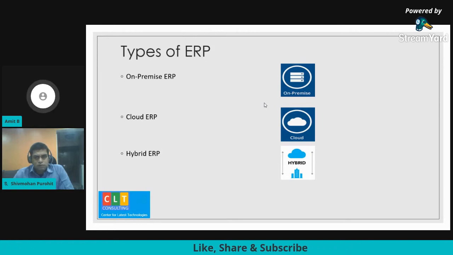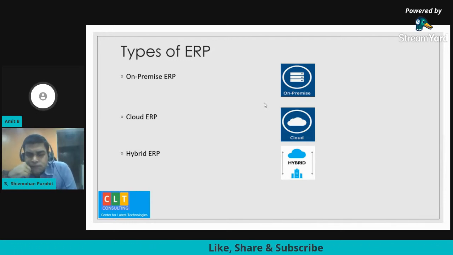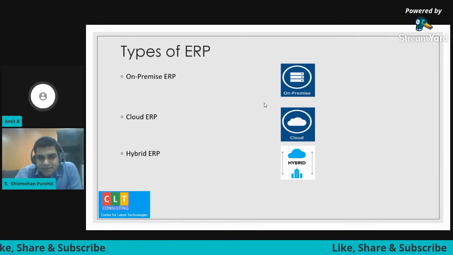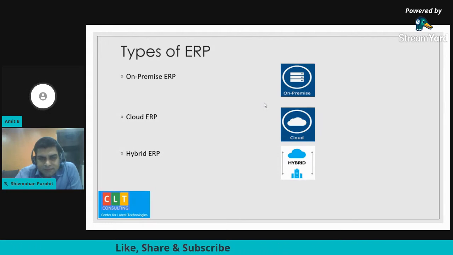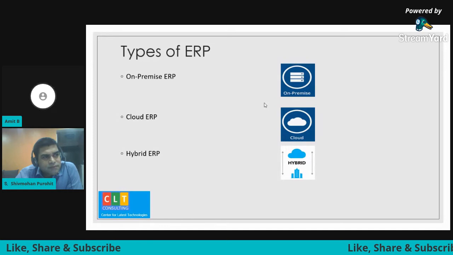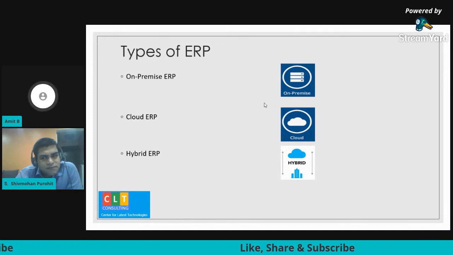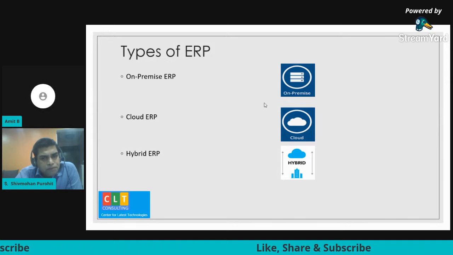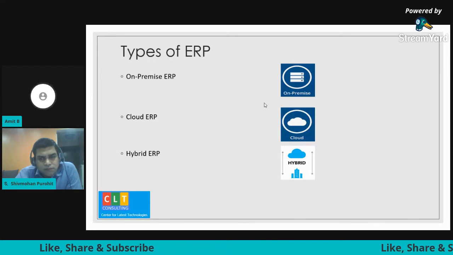So it has the integration, or the best out of both. Some applications and some things are on your own system, on your own server space at your location, and some of the database or other things are stored on the cloud. So you are getting the best of both things. That is hybrid.